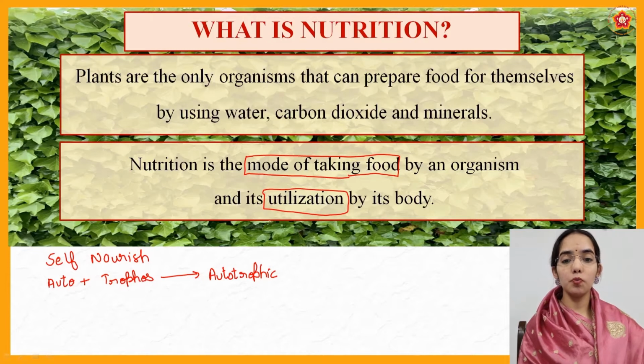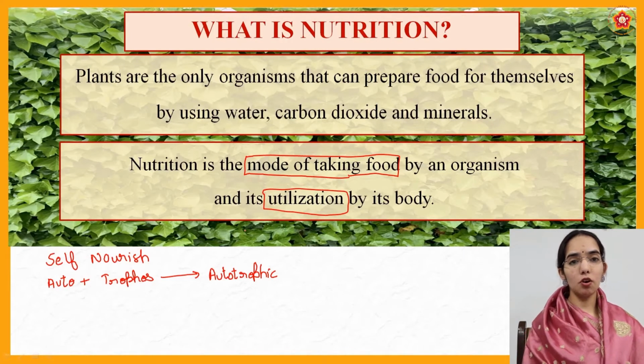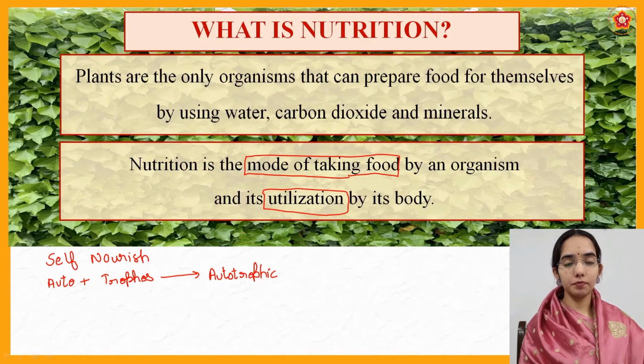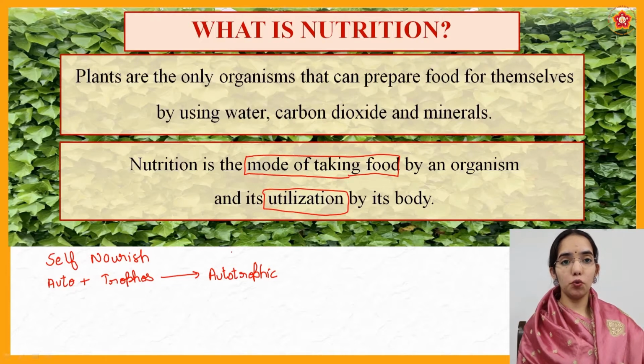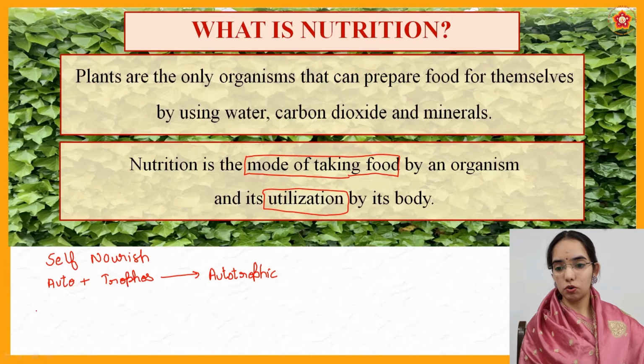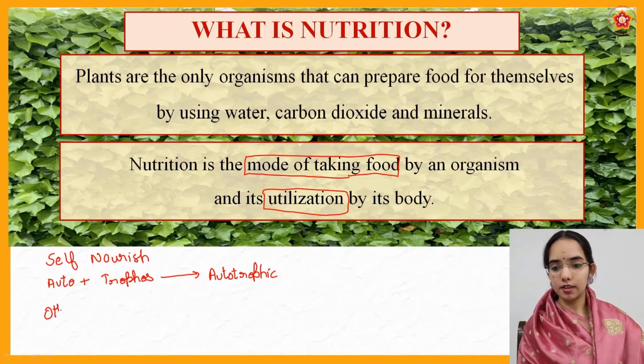Now, by what mode do animals or we humans take in food? So we depend upon plants and other organisms for food, right? Either we grow plants to get our food, or we take milk from cows to get food. So we are dependent upon others to nourish us. So others nourish us.